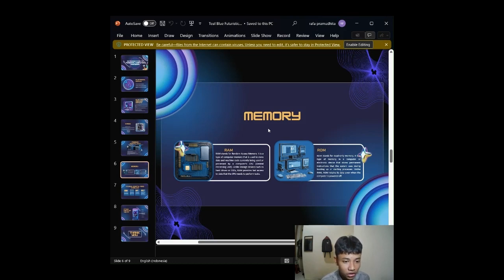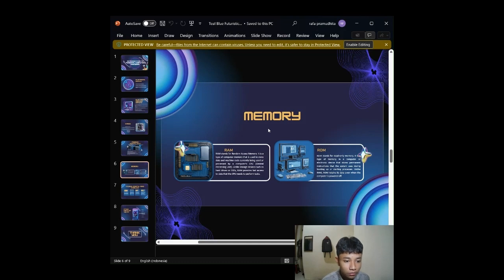Second, ROM. ROM stands for read-only memory. It is a type of memory in a computer or electronic device that stores permanent instructions that the system uses during booting up or the starting process.